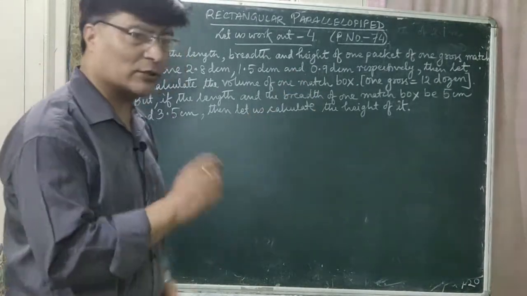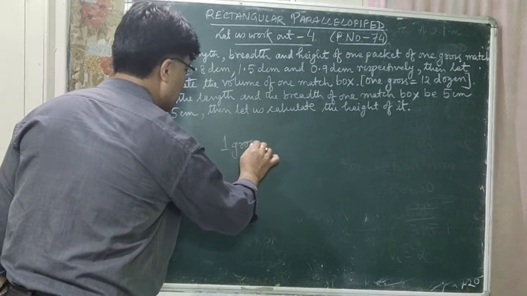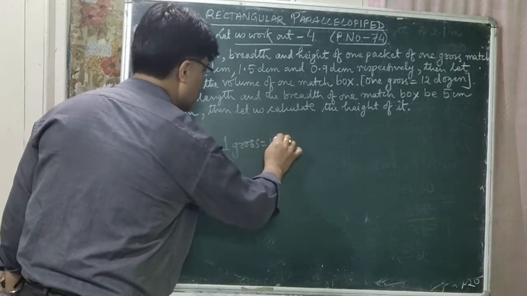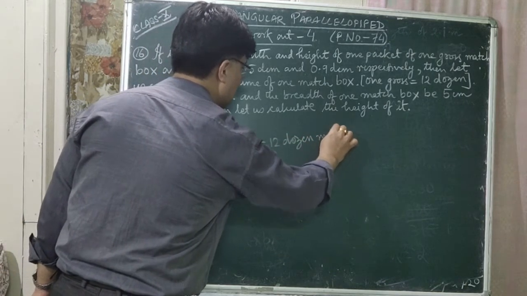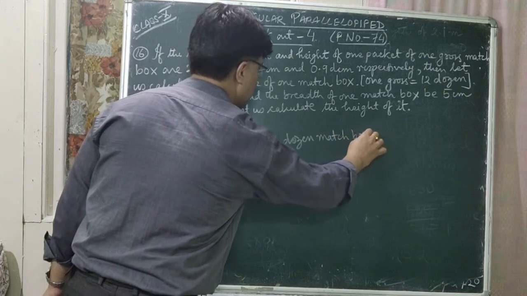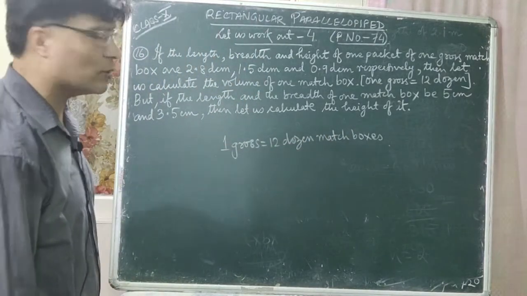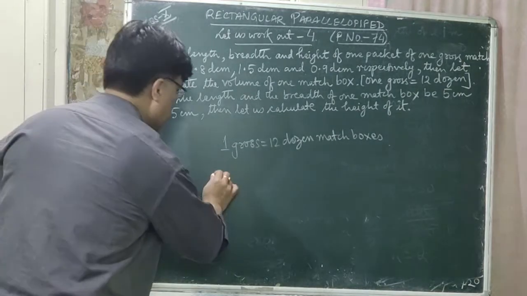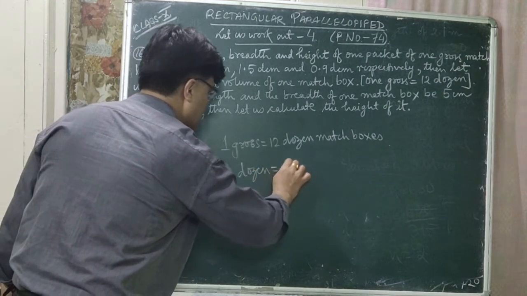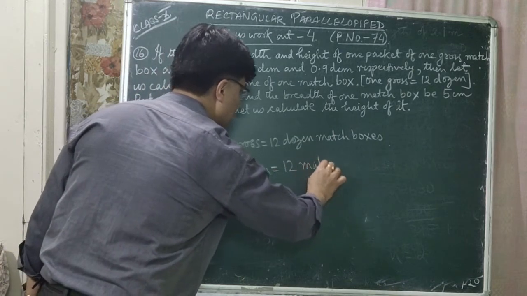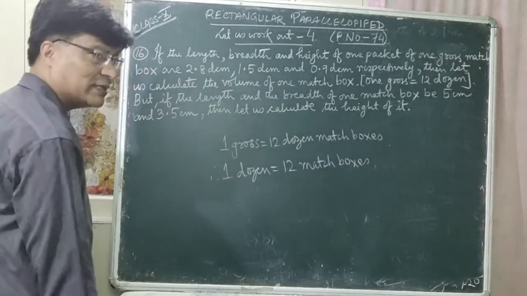The one gross is equal to 12 dozen matchbox, isn't it? One gross is equal to 12 dozen matchboxes, right? It is given in the question one gross is equal to 12 dozen matchboxes. You know that one dozen is equal to 12 matchboxes, right?